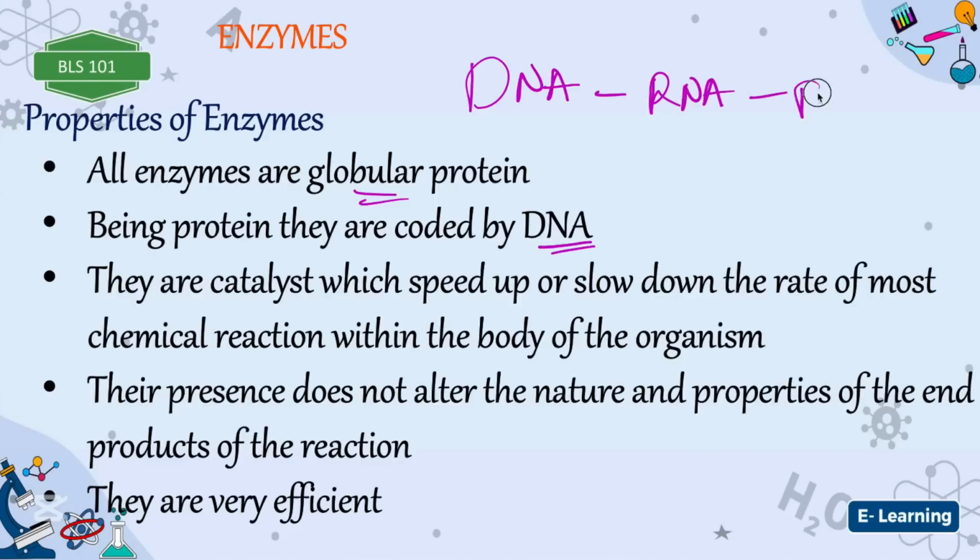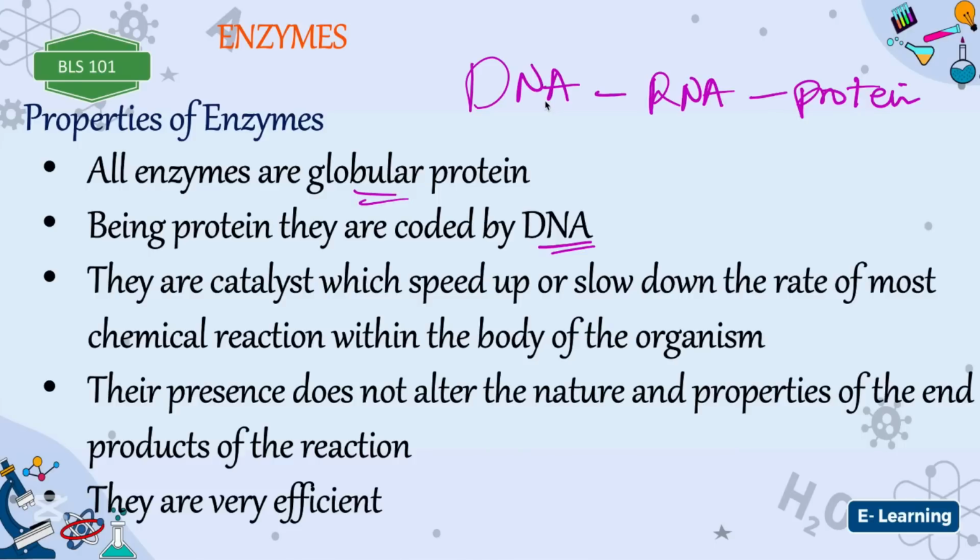RNA and then to protein. We said that the process of converting DNA to RNA is transcription, then RNA to protein is what? Translation. Then RNA back to DNA is reverse transcription. All right, being proteins, they are coded by DNA.